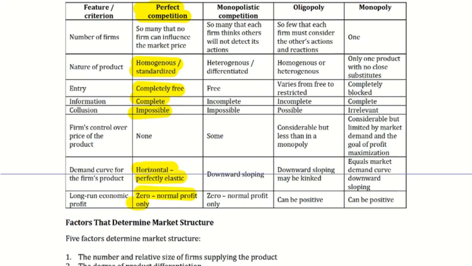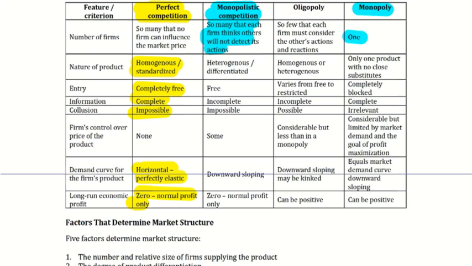We move across and have a look over here. There's, of course, a difference between monopolistic competition and a monopoly. Let's try and contrast those two. Number of firms: in monopolistic competition there are a few firms, and in a complete monopoly there's only one firm.